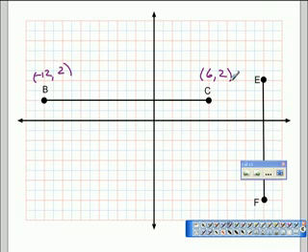Counting's pretty easy. You could use your fingers if you want. But if I'm going to find the distance here, I'm going to count. That's 1, 2, 3, 4, 5, 6, 7, 8, 9, 10, 11, 12, 13, 14, 15, 16, 17. That's 18 units from point B to point C.